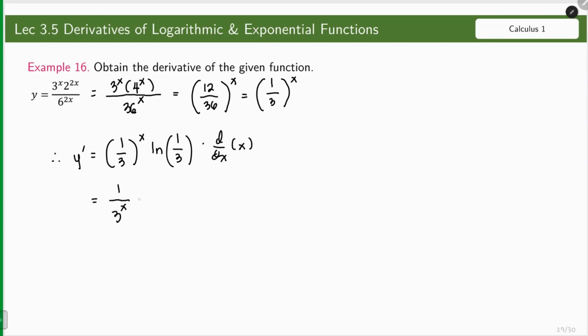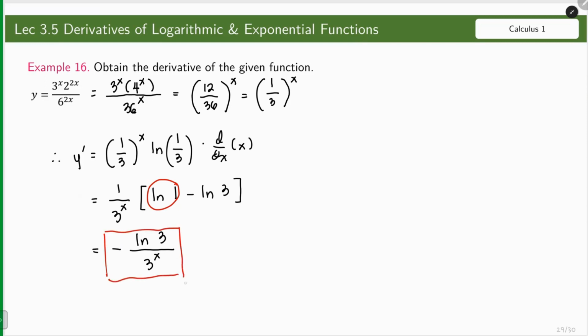And then for the ln of 1/3, this is equal to ln 1 minus ln 3 using the property of log, and then times 1. Okay, we have this one is equal to 0. And then we have minus ln 3. So we have negative ln of 3 over 3 raised to x. So this is now the simplest form of our answer.